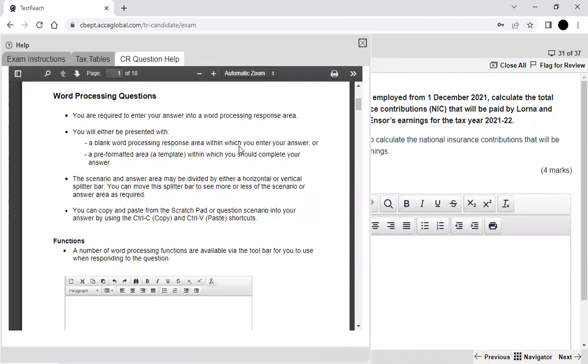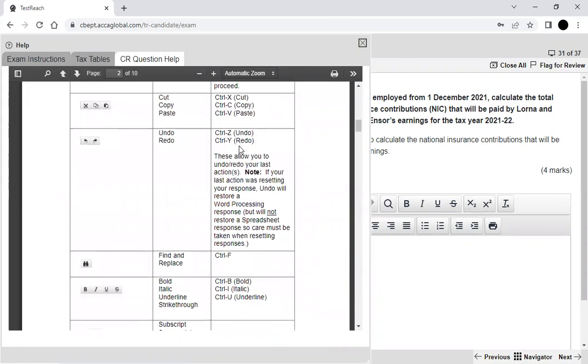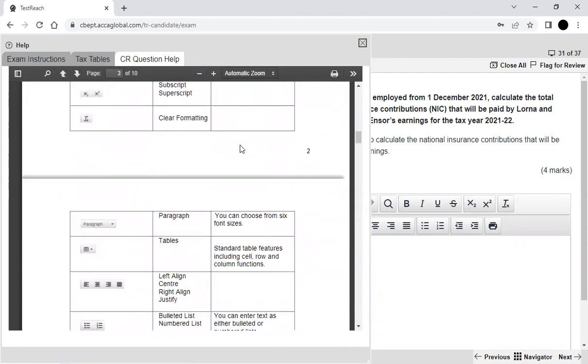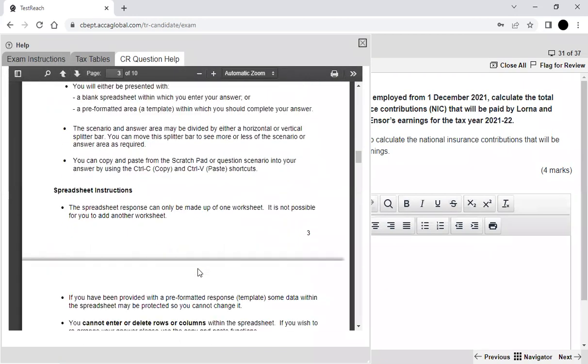The CRQ help area, so you would be aware of the shortcuts which are available. Keep in mind, this is a spreadsheet, not a normal Excel. So not all of the shortcuts will be available to you. So you would be clear what shortcuts are available, what shortcuts are not available.